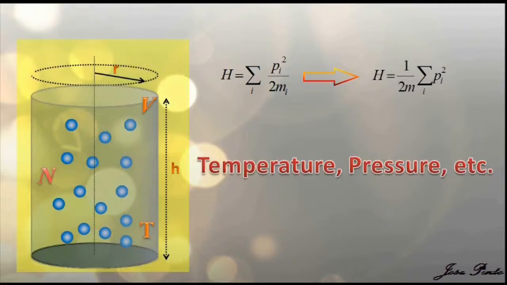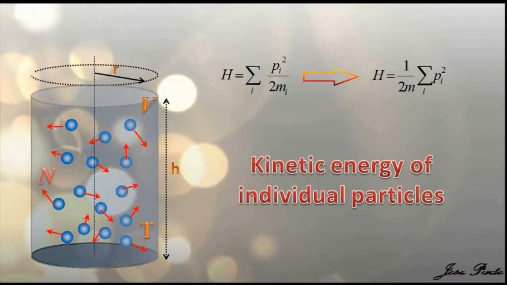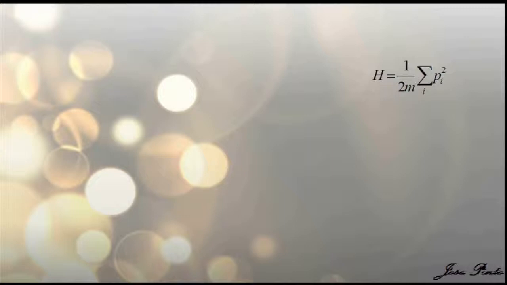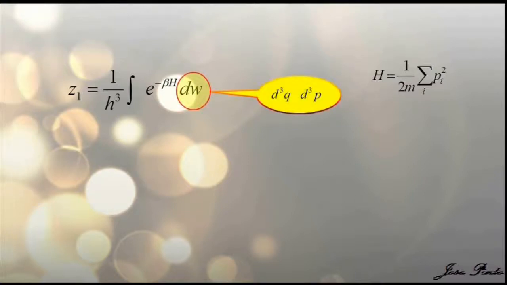We're going to describe the macroscopic properties of the system by studying the microscopic properties of the particles making up the system. The problem consists of finding the partition function, and from the partition function you get all the thermodynamics of the system. So let me use the definition of the partition function. This little dw tells you that you are integrating with respect to a volume in phase space.